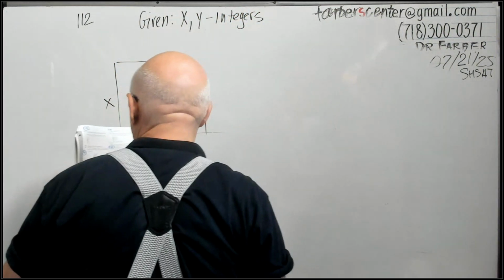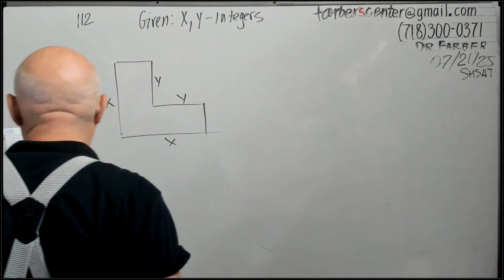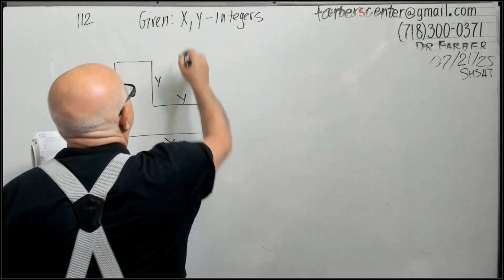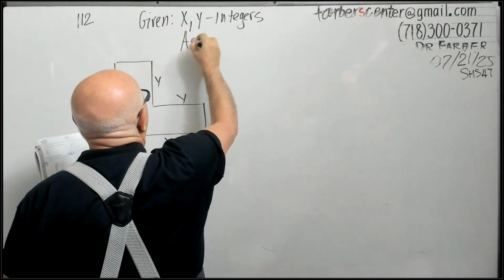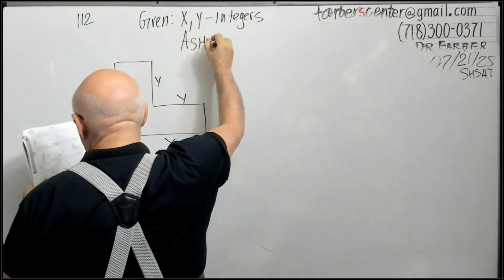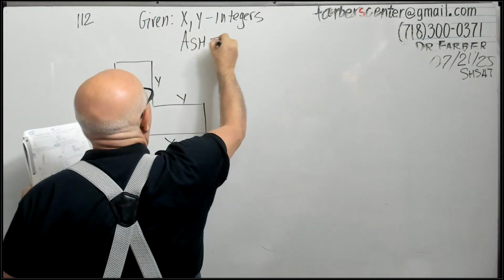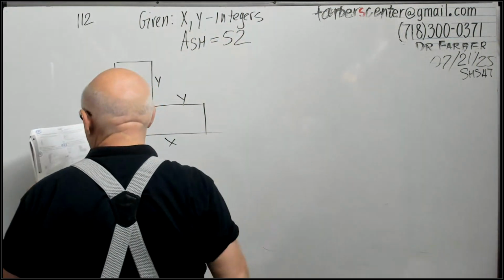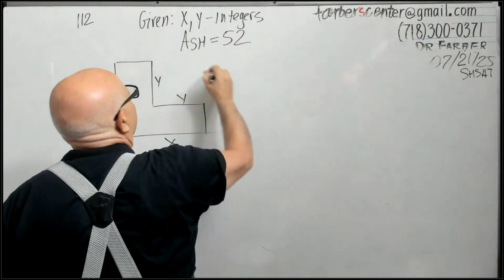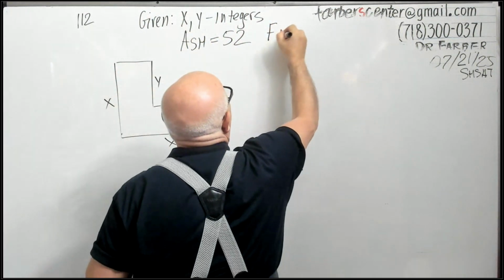And the shaded area, as S stands for shaded, equals 52. Find the perimeter.